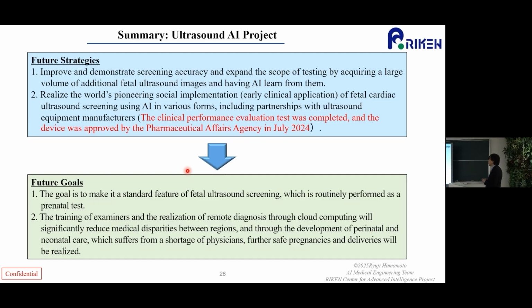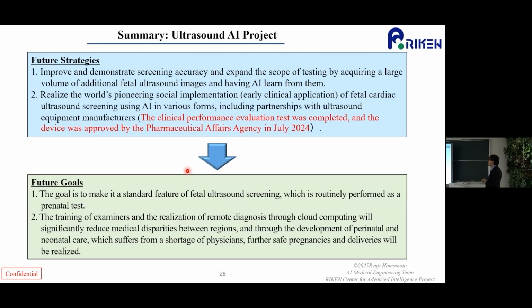Future strategies: improve and demonstrate the screening accuracy and expand the scope of testing by acquiring a large volume of additional fetal ultrasonic imaging and having AI learn from it, and realize the world's pioneering social implementation of fetal cardiac ultrasound screening in various forms, including partnerships with ultrasound equipment manufacturers. So the first future goal is to make it a standard feature of fetal ultrasound screening, which is routinely performed as a prenatal test.